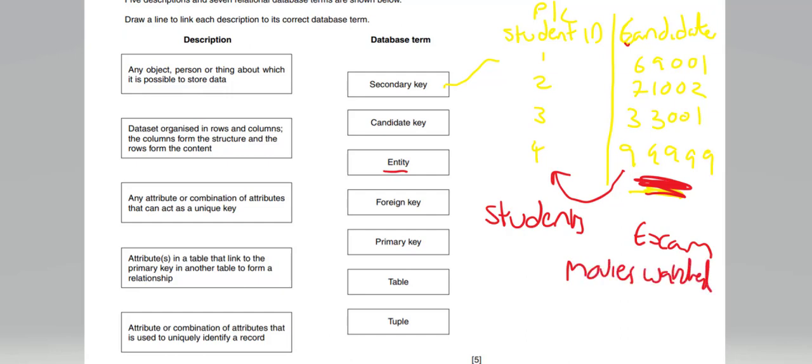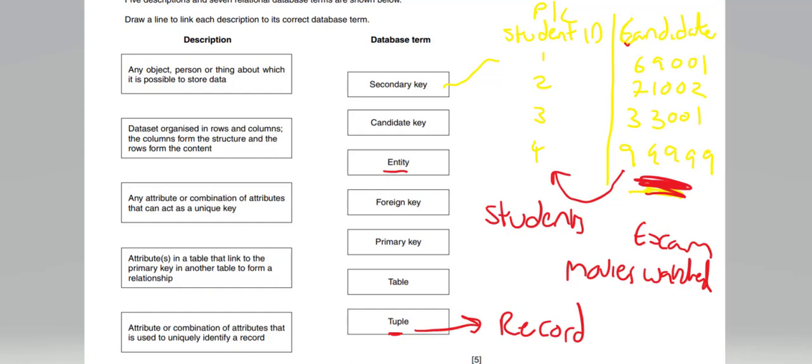All of these are different objects which is possible to store data about. We've got foreign key, which you guys should be familiar with, primary key, table, and a tuple. Now, another way for saying tuple is a record. So, and you should know what a record is.